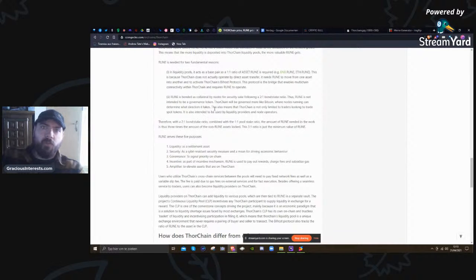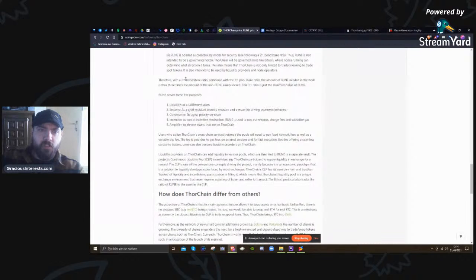So all nodes, the supposed miners, it's wrong wording, I have to admit that, but for the sake of clarity, we're going to say miners, so the people who sustain the blockchain and do all the validations and verifications of transactions on the THORCHAIN blockchain, they can stake RUNE as collateral to do the verification and validation of all transactions on the network. So it's with a 2-to-1 bond stake ratio.